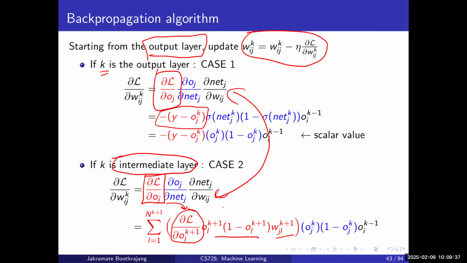Because you already computed all of this in the previous iteration, you don't have to recompute it again, right? You use the answer from the previous iteration to plug in the value here, and then you can compute the new value, and then you multiply them together to get the derivative in the middle layer.